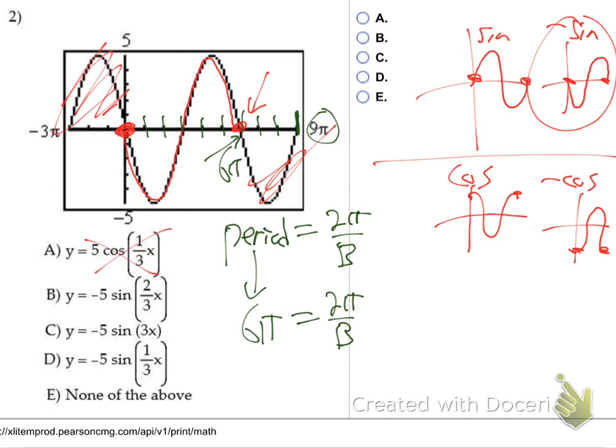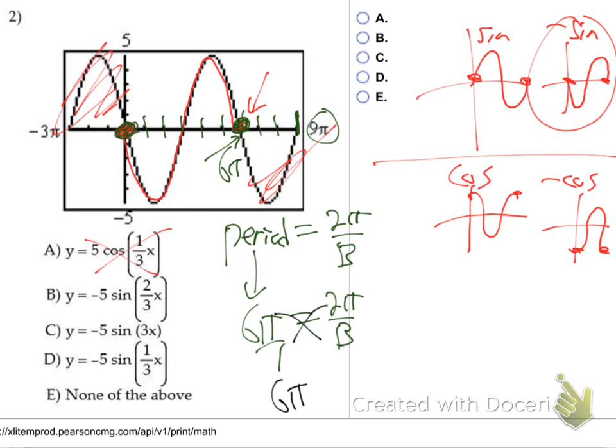Is that good? Because that's the end of one cycle for sine. Sine starts in the middle, goes high, goes low, goes back to the middle. So here he is coming back to the middle after going low and high. That's the end of one cycle. It's 6 pi. That's the period. So now I can solve for b. Put this over 1.